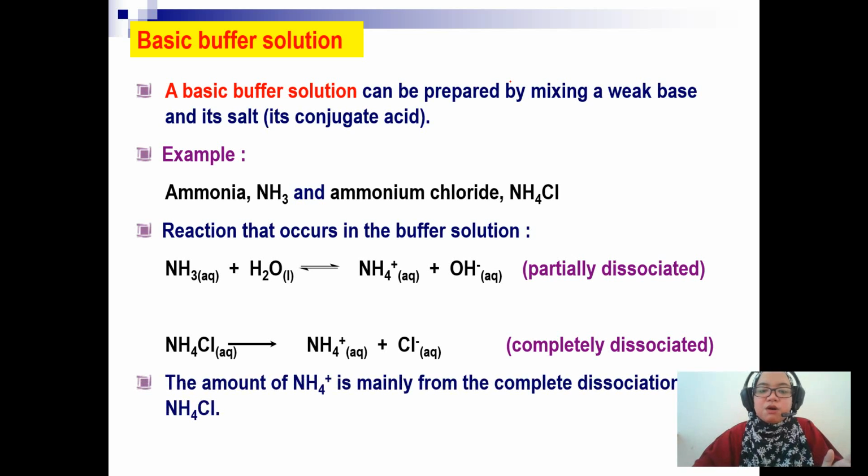So the amount of ammonium ion is mainly from the complete dissociation of ammonium chloride, and the amount of weak base NH3 is mainly from the partial dissociation of NH3.